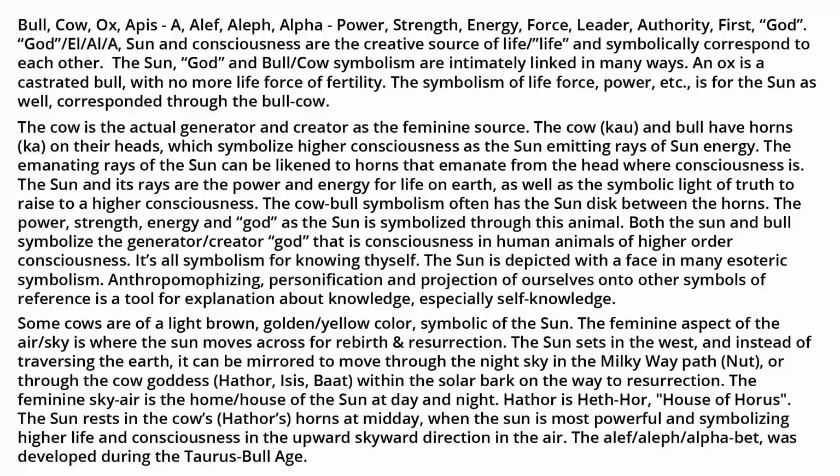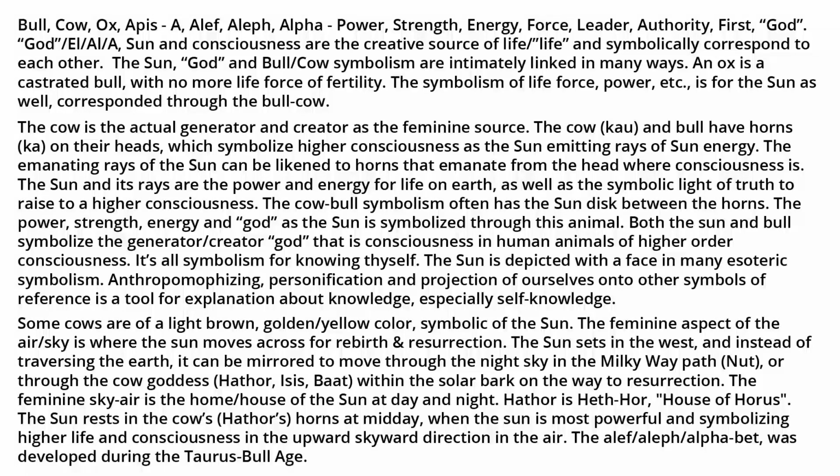The sun, God, and bull-cow symbolism are intimately linked in many ways, as I've already shown. An ox is a castrated bull with no more life force of fertility. The symbolism of life force, power, etc. is for the sun as well, corresponded through the bull-cow symbolism.